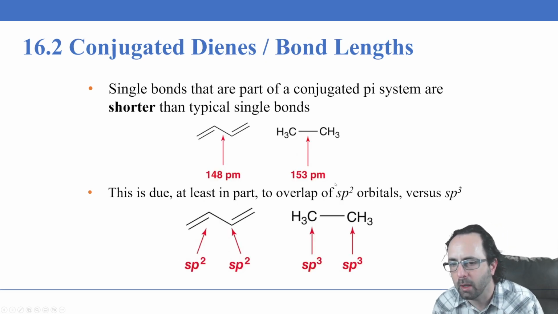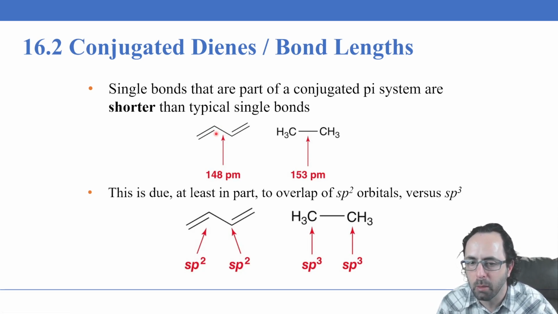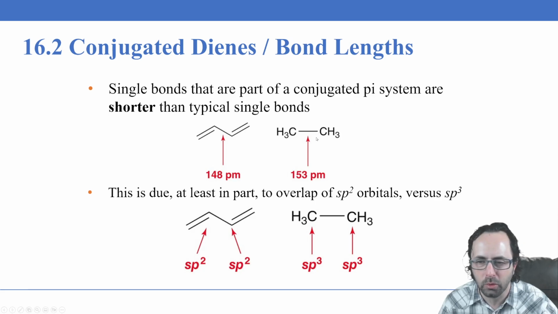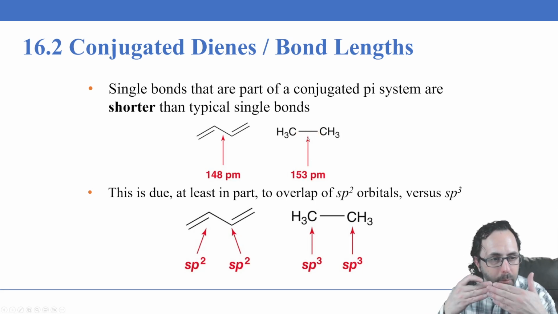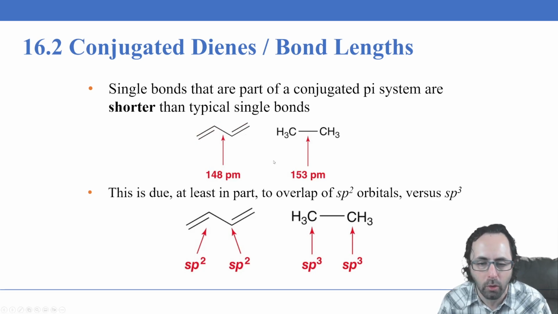Now, one thing to note about dienes is that this single bond in a conjugated pi bond system is not like a normal single bond like you'd have between these two carbons here, because not only does it have a sigma bond with direct overlap between orbitals like these two have, but it also has this extended pi bond network where each of these carbons is sp2 hybridized and the electrons can move all the way through.